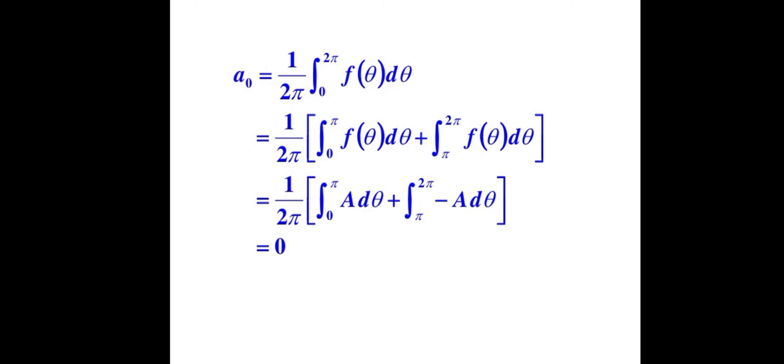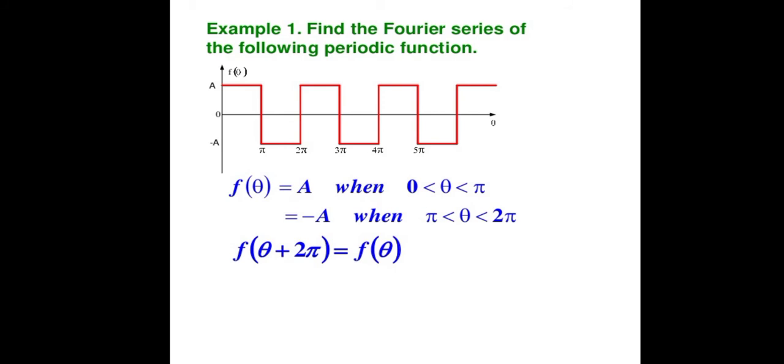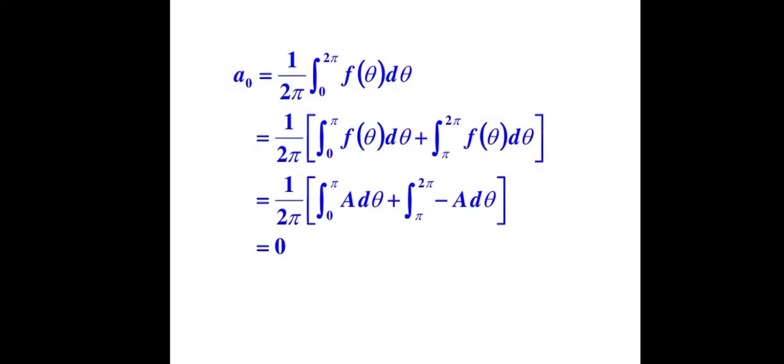Then 1 upon 2 pi is common, and we split the integration into the first part, 0 to pi, and the second part, pi to 2 pi: the integration from 0 to pi of f of theta d theta plus the integration from pi to 2 pi of f of theta d theta. Then 1 upon pi times the integration of a d theta from 0 to pi and minus a d theta from pi to 2 pi.